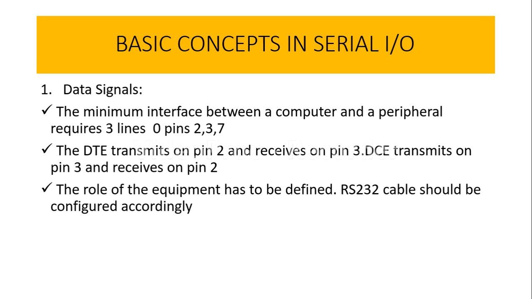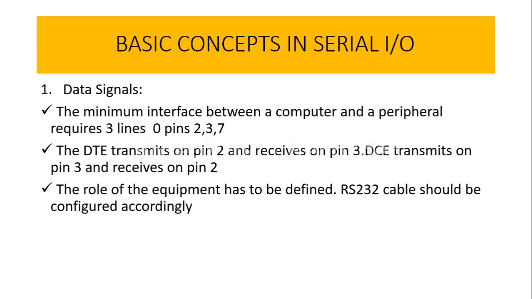And the logic circuit we are going to use here will be TTL. Here I have given certain points: the minimum interface between the computer and the peripheral will require 3 lines, particularly pin number 2, 3 and 7.